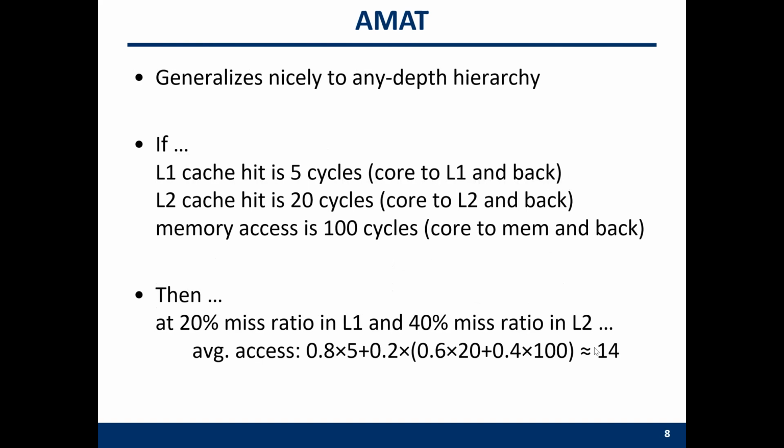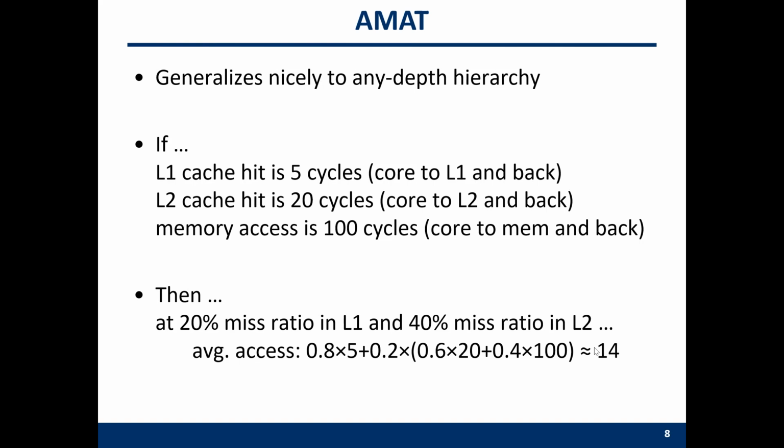Because the cache is very important. Nowadays, you have a 3-level cache, or 2-level cache, or even 4-level cache. So sometimes we have an L2 cache. So how will we change this equation if we have the L2 cache? The L2 compared to the L1 cache is larger, but also slower.